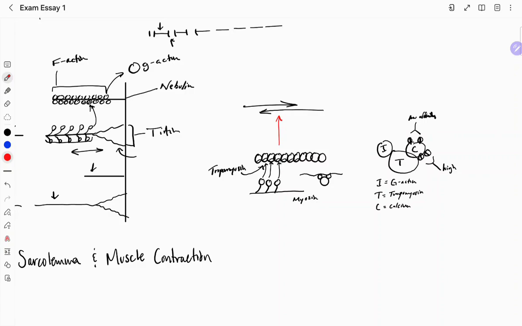Now, you don't have all the myosin heads binding at once, but you have them alternating, or some binding at one moment, some at the next moment. So you continuously have this movement of this actin, for example, going this way, and myosin coming this way to shorten the muscle.